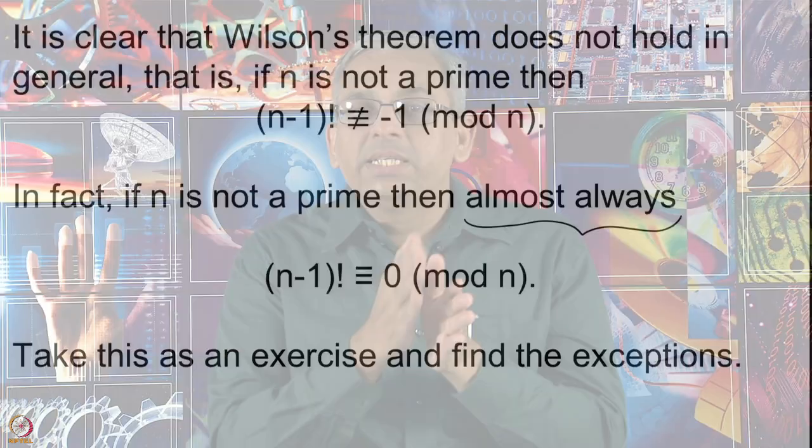Almost always means except for a few cases you have this. Those few cases where n is a composite number, but (n minus 1) factorial is not divisible by n, those are the cases that I want you to find, and in the remaining cases I want you to prove that (n minus 1) factorial is congruent to 0 mod n.